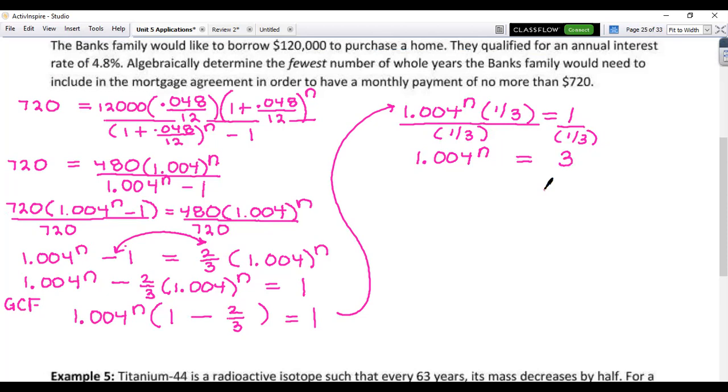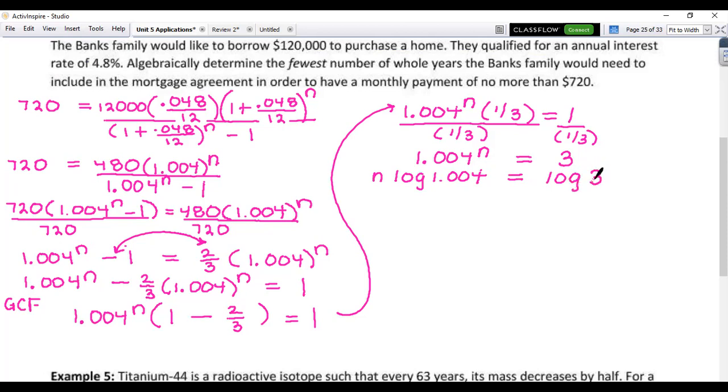Now, just like the last question we did with the financial application, can't we do power rule and put a log of both sides? Absolutely. So now you're going to go n log 1.004 is equal to the log of 3.